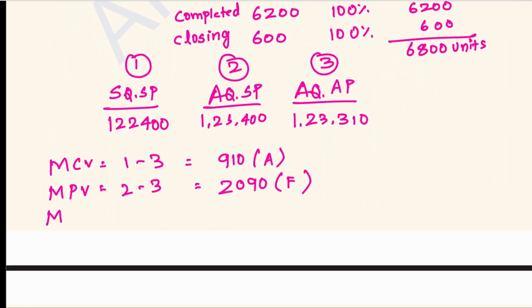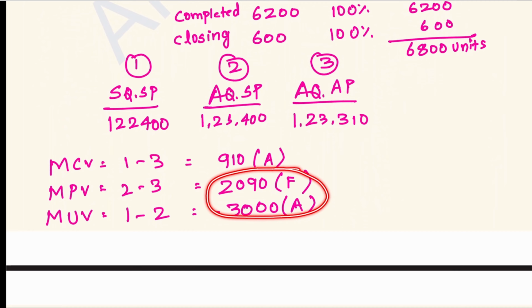Then material usage variance, 1 minus 2, is equal to minus 3000, minus 3000 means adverse. So is it reconciling? When I add these two, I am getting minus 910. So that means this is correct. So this is the first part.